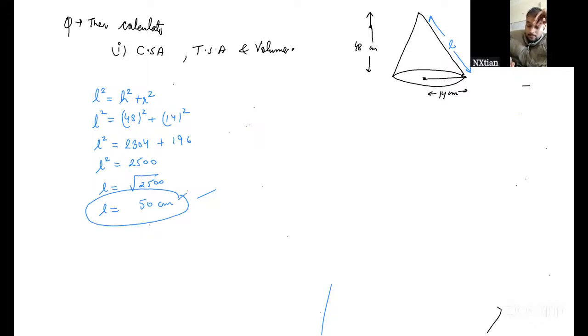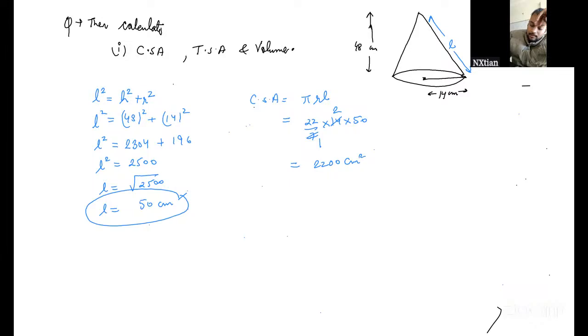Sam, did you understand till here what we did? Okay. Now what do we have to do? We have to find the CSA. Now what is the CSA formula? Pi r L. Now pi value is 22 by 7, r is 14 and L we got as 50. So 7 ones are 7, 7 twos are 14. So it will become 2200 centimeter square.